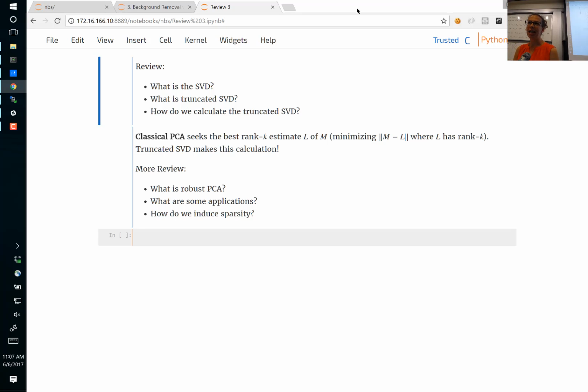And then what is the truncated SVD? How do you get from the full SVD to the truncated SVD? Truncated SVD is simply a lower rank approximation.